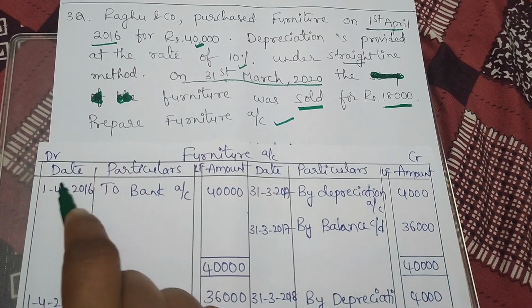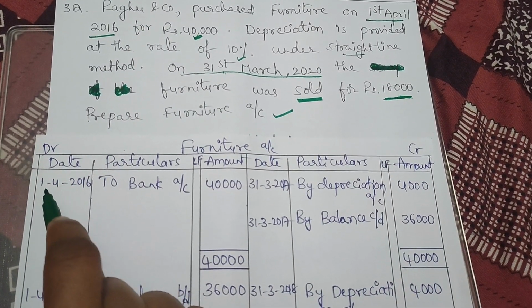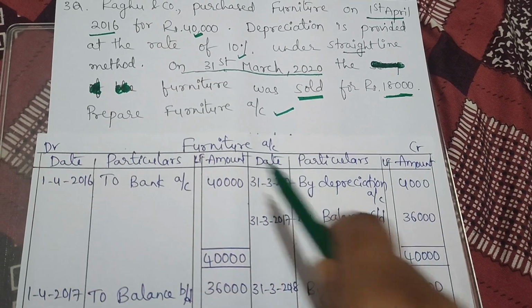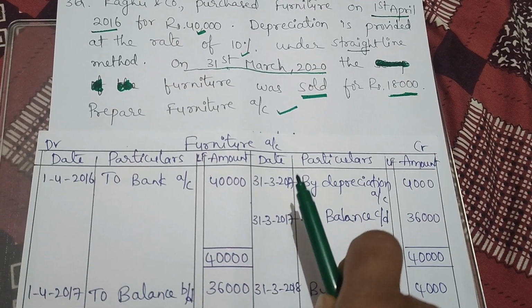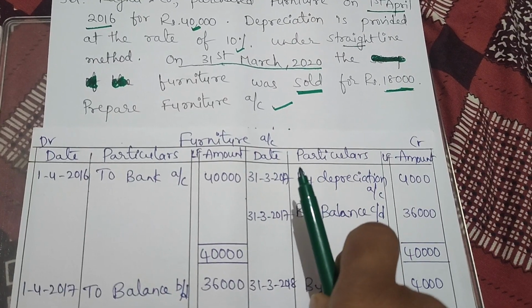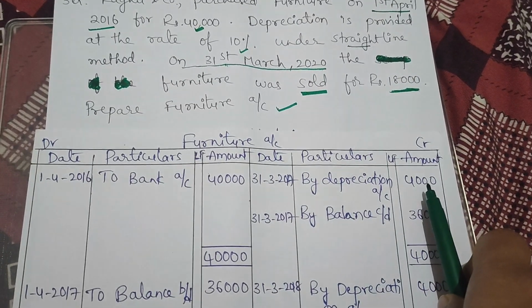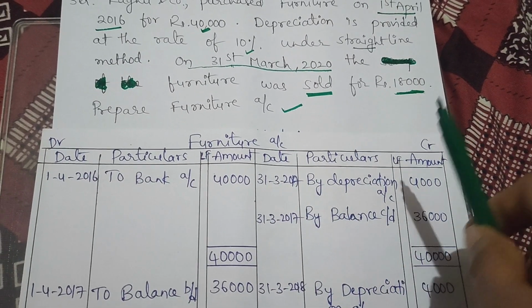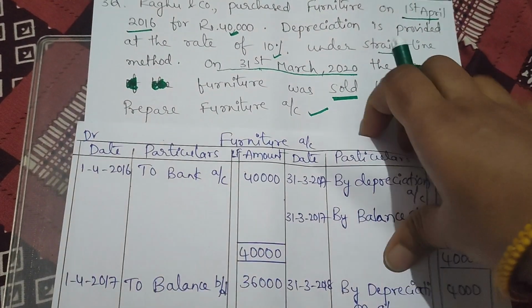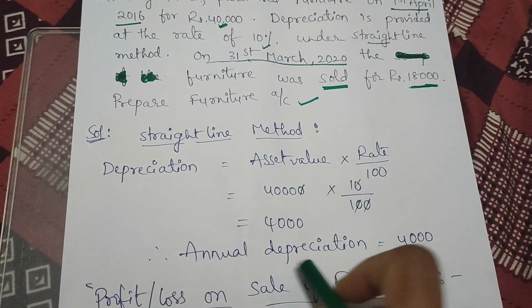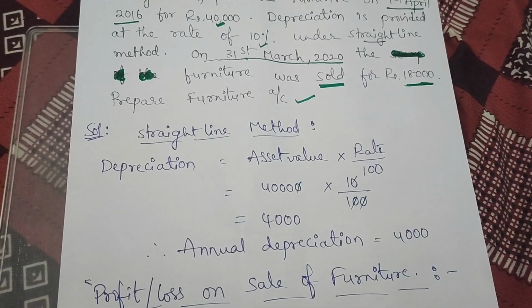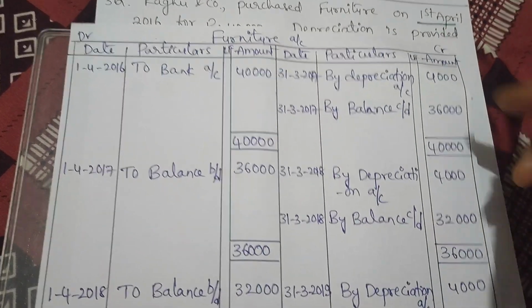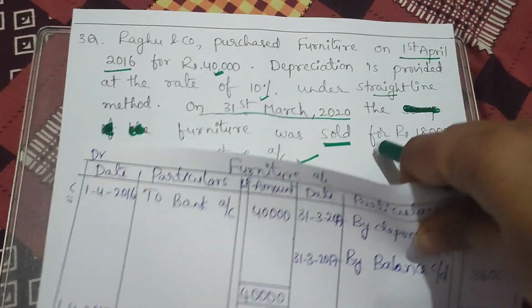Here if you observe, they are using the furniture from opening date till the closing date. 12 months is used completely. So 1 year depreciation should be taken. 1 year depreciation is 4,000. Just now we calculated. Annual depreciation is 4,000. So we can take 4,000. That is why depreciation is 4,000.